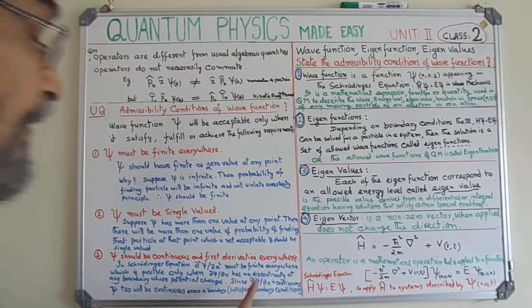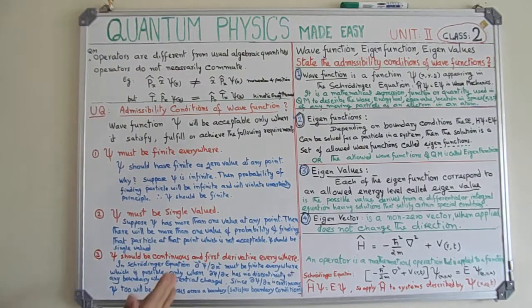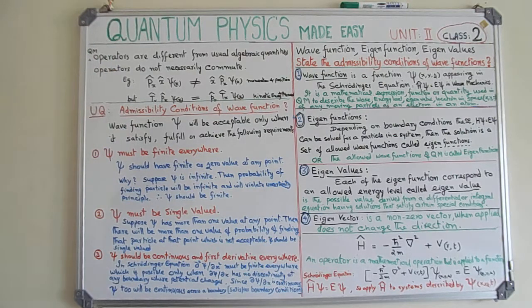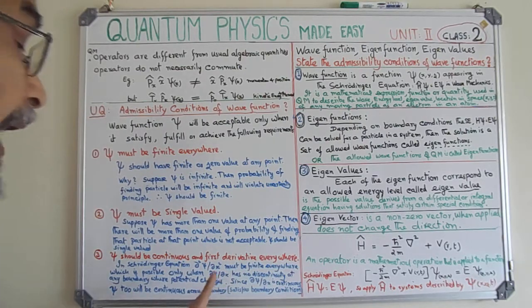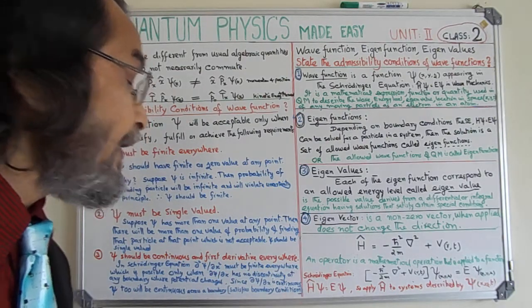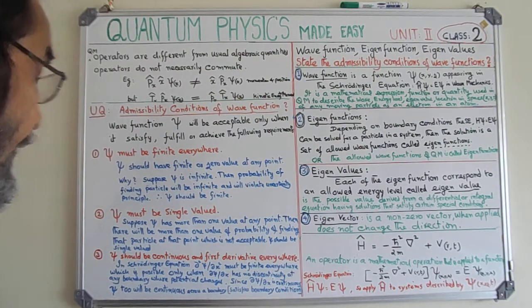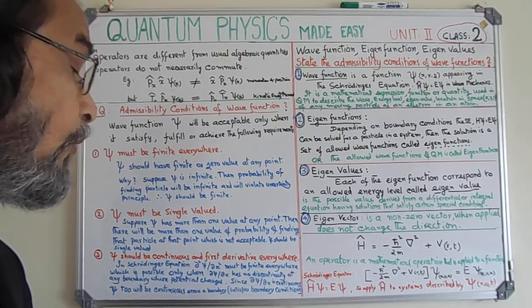So since dou psi by dou x is continuous, what you can say? Dou psi by dou x will be continuous only when psi also is continuous across the boundary. And it satisfies the boundary condition, that is psi is continuous across the boundary.